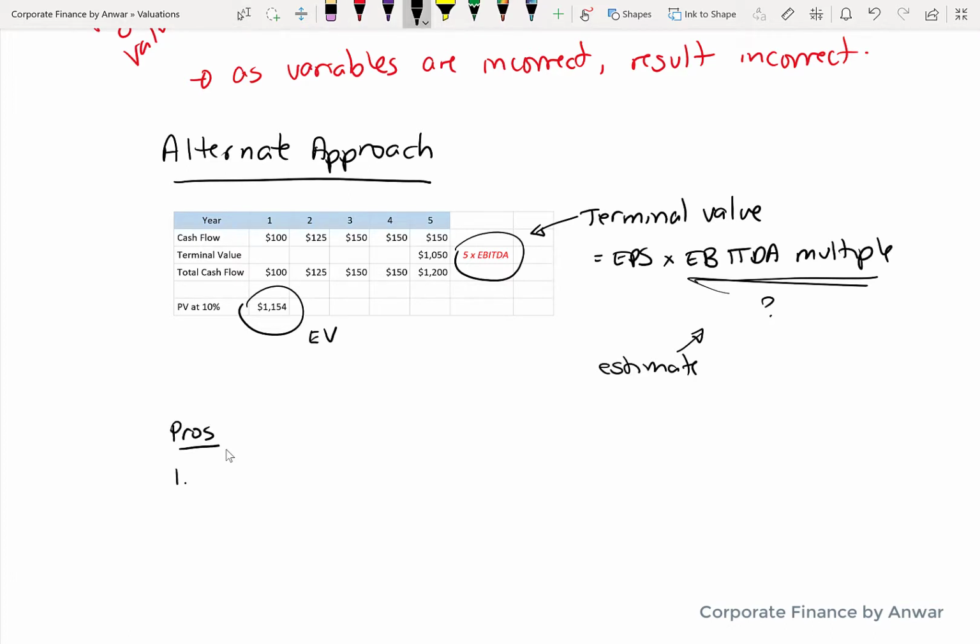Now it is a situation where you're taking an estimate, but it's basically based on a traded multiple of existing companies in the same industry.